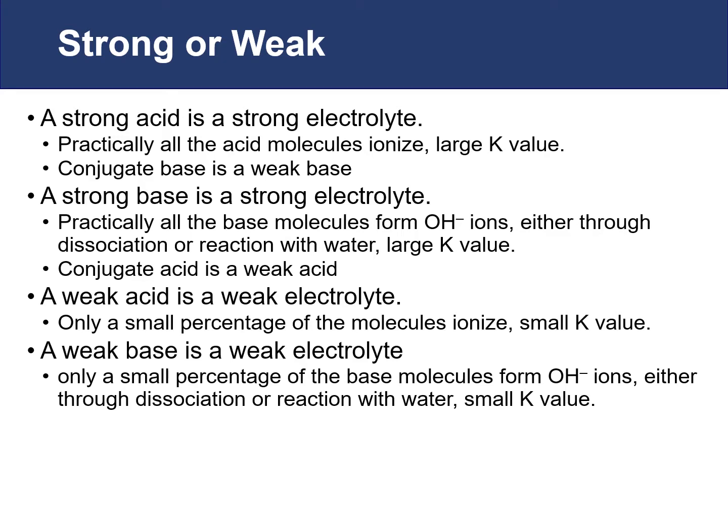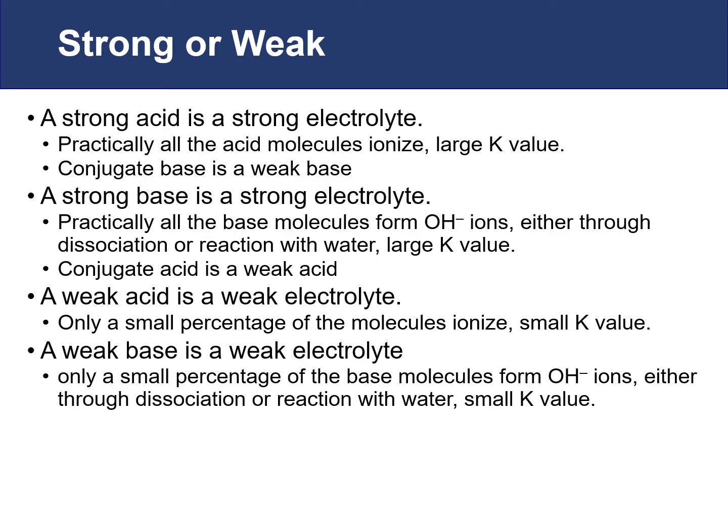In either case, it's going to have a large K value. When you have the base on the other side, you have the conjugate acid. If you have a strong base, then the conjugate acid will be weak. There will be very little driving force for that conjugate acid to donate the acidic proton to go back to the strong base form.